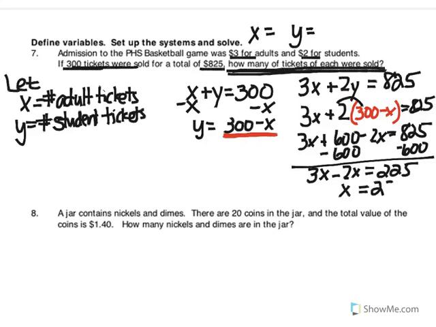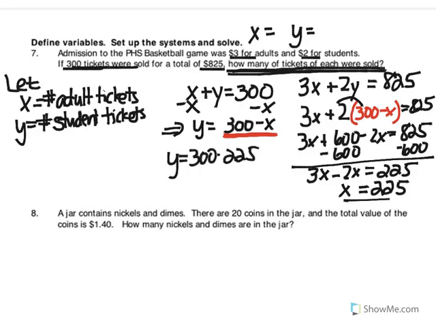So there's 225 adult tickets. Now, we need to find the number of student tickets. So let's go back up here to our original equation. And in fact, I'll just use this equation right here, y equals 300 minus x. So y equals 300 minus 225.